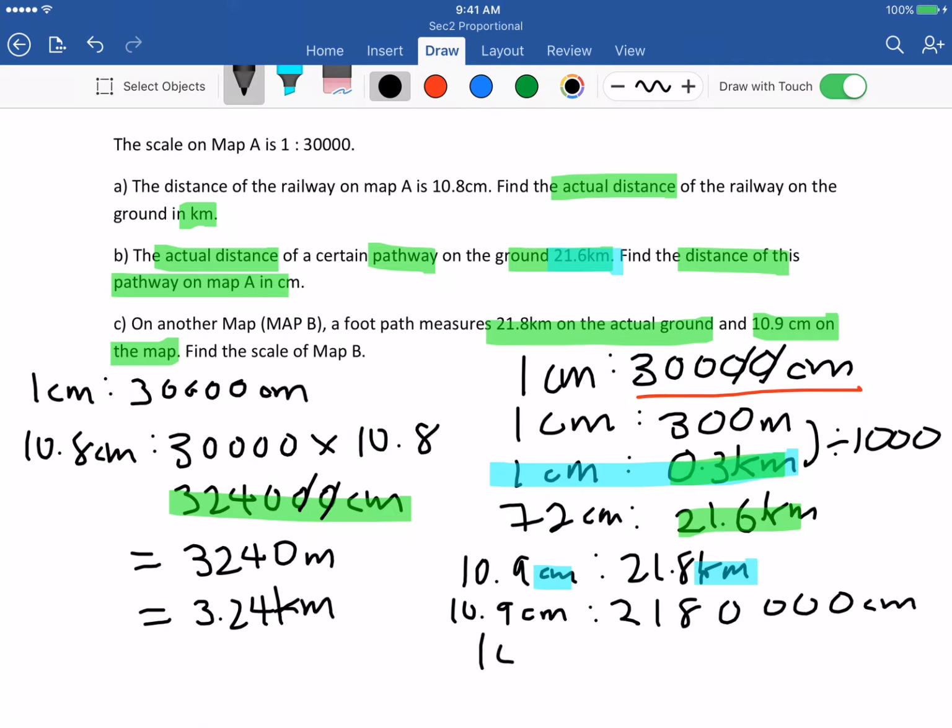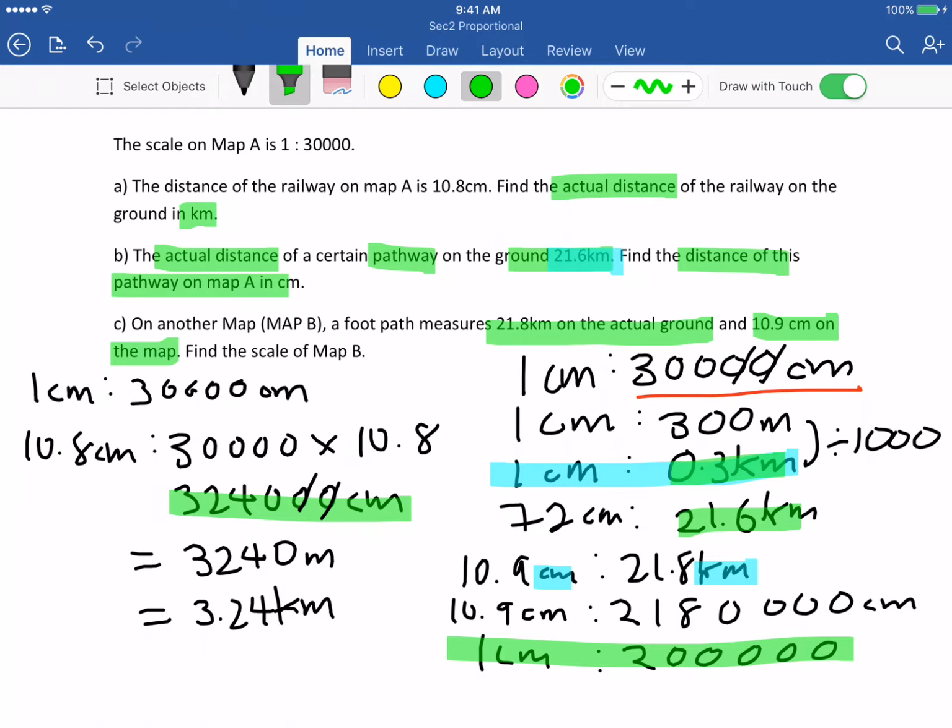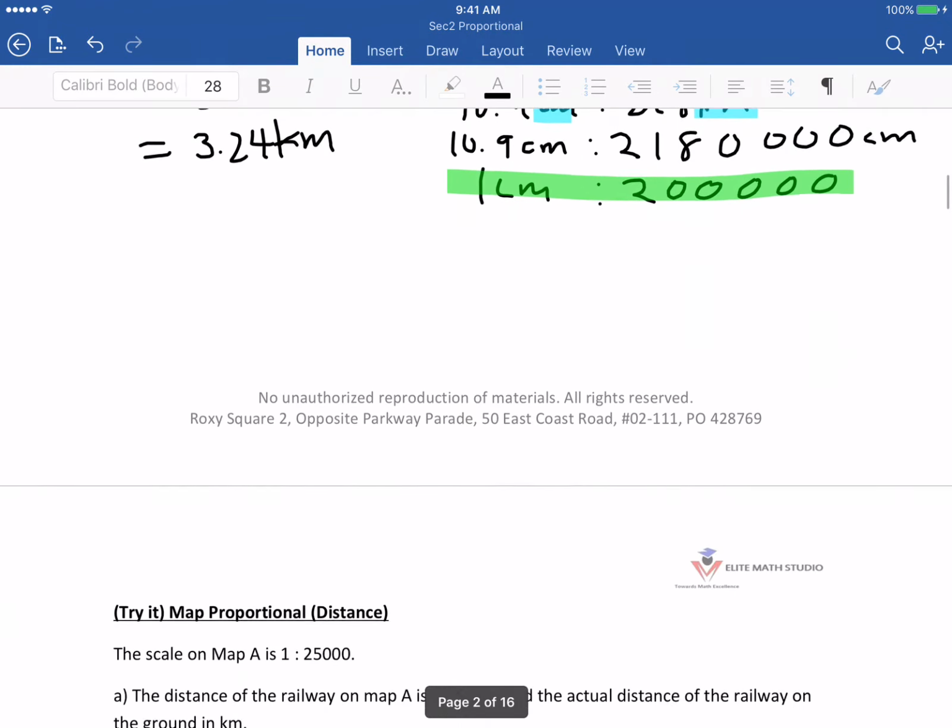So how to get to 1 cm? We divide both sides by 10.9. So the answer will be just 1:200,000. That will be the scale. Okay, so let's move on.